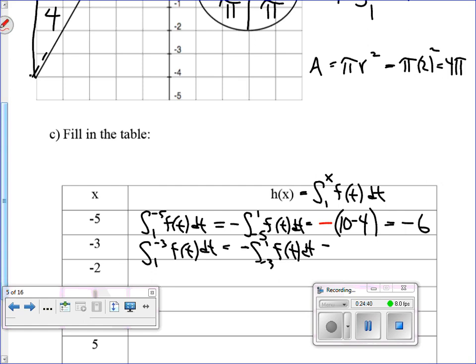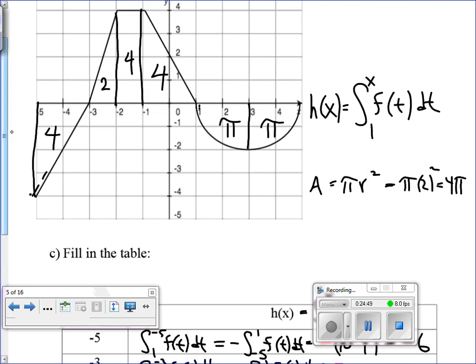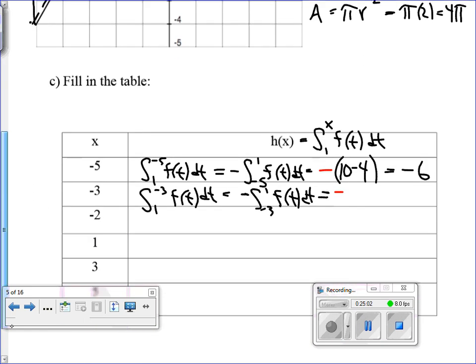I just don't want to forget that we got to put a negative out there. Okay. So between -3 and 1, we're going to do area above minus area below. Well, all the area is above. Area below is 0. So the definite integral of this function f would be 2 plus 4 plus 4, or 10. So we get negative 10, because area below was 0. I didn't have to subtract anything that time.